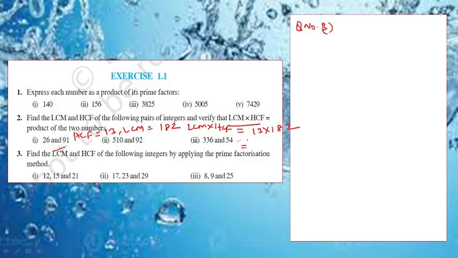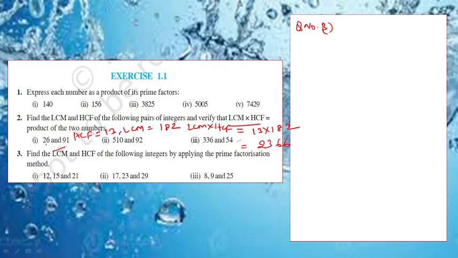We can multiply, no problem. 13 times 2 is 26, then 13 times 8 is 104, plus 2 is 106, then 13 times 1 is 13, plus 10 is 23. So we have got 2366.